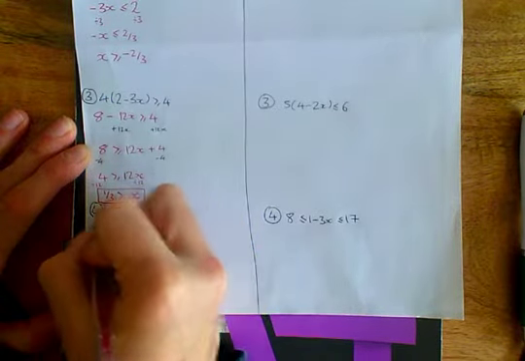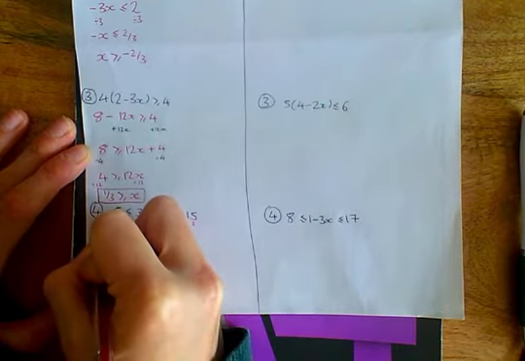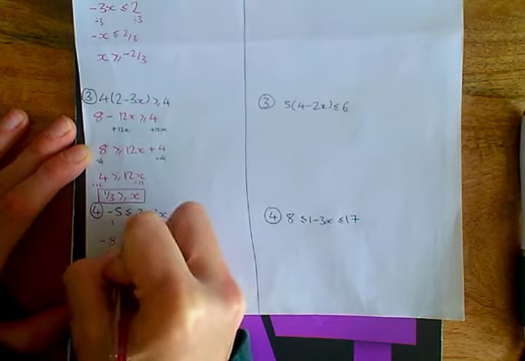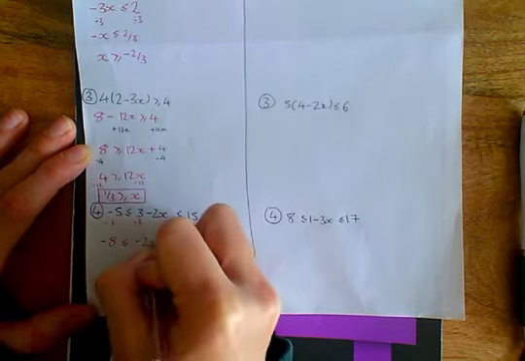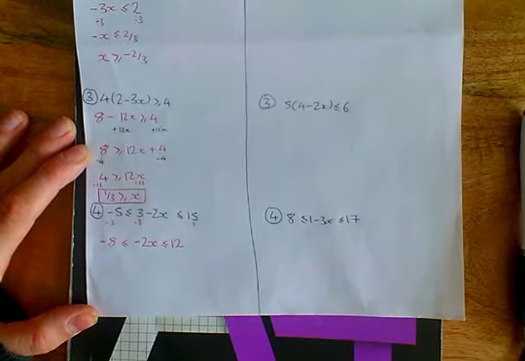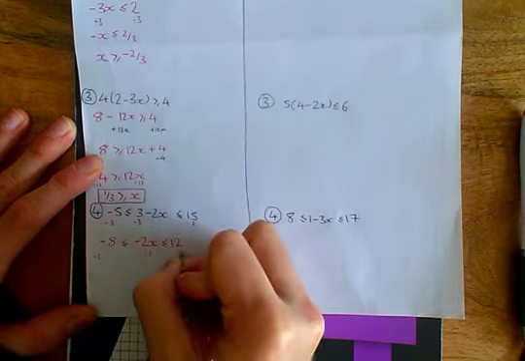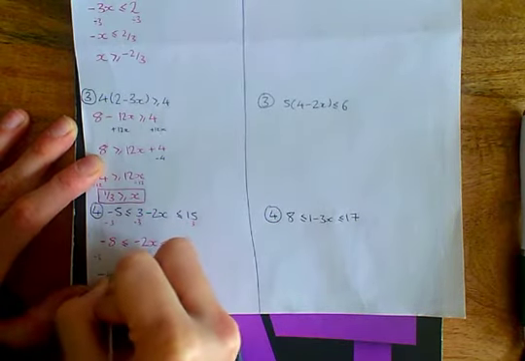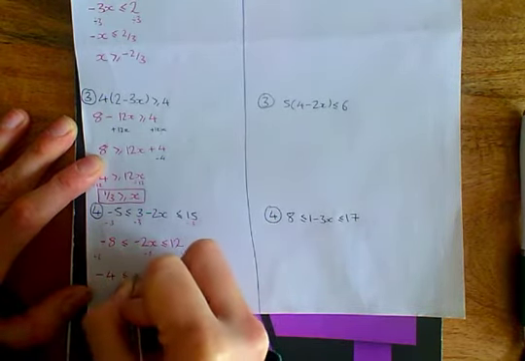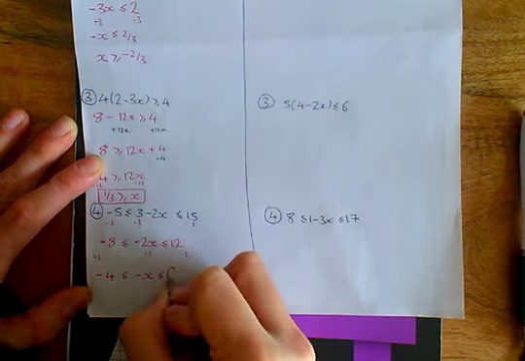So if I subtract 3 from all terms there, I have got minus 8 is less than or equal to minus 2x, which is less than or equal to 12. Now I'm going to divide throughout by 2. So I've got minus 4 is less than or equal to minus x, which is less than or equal to 6.